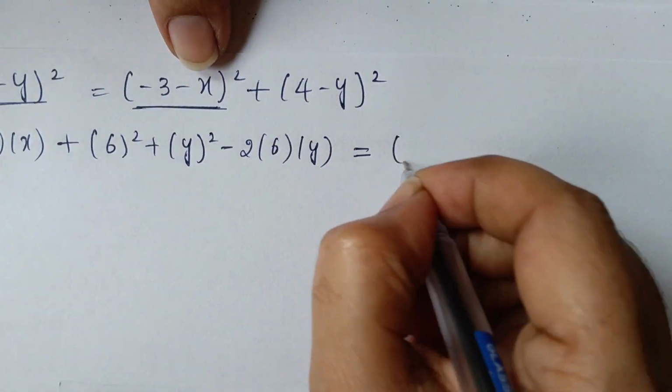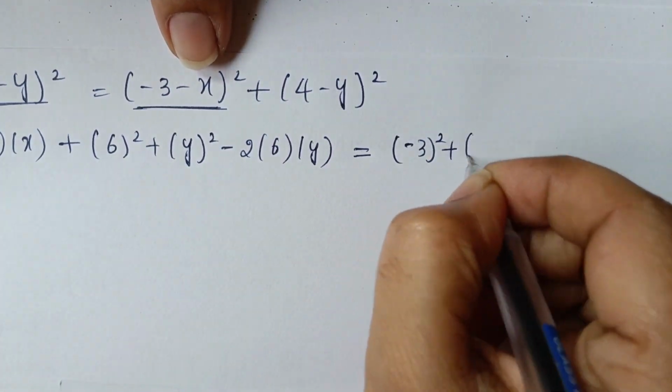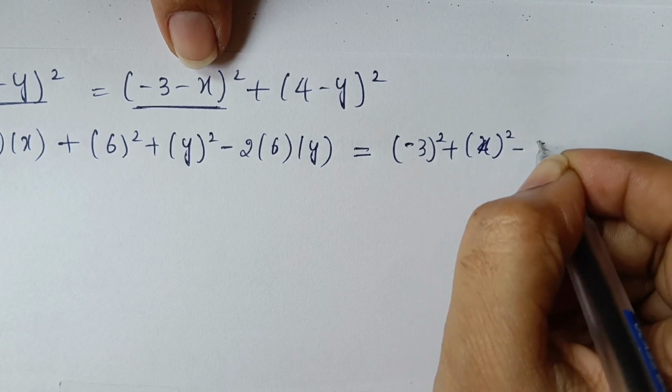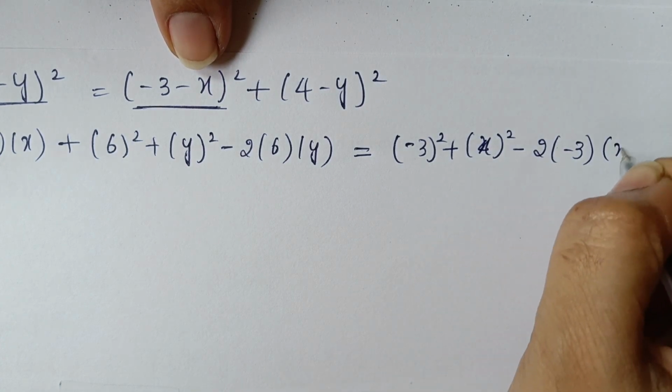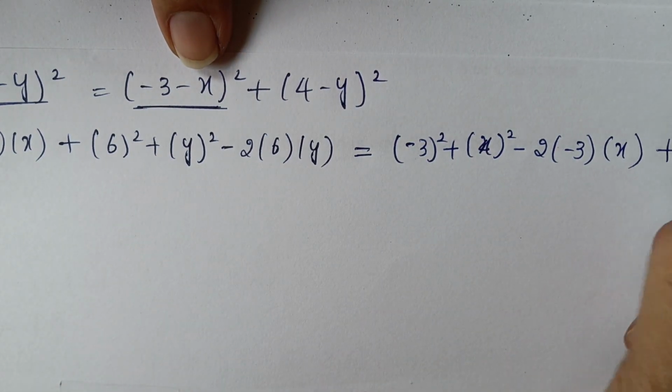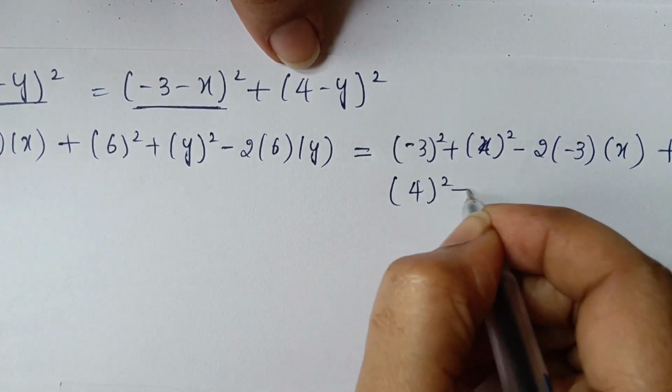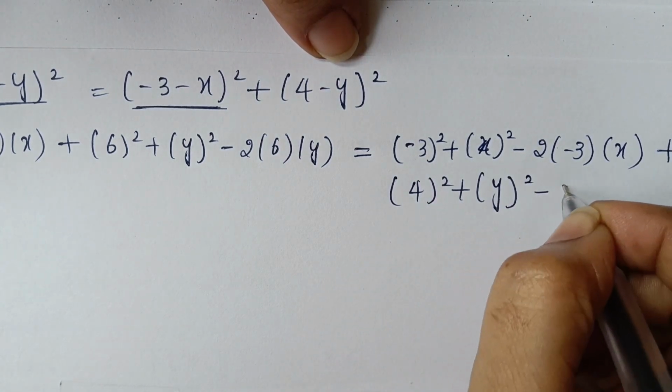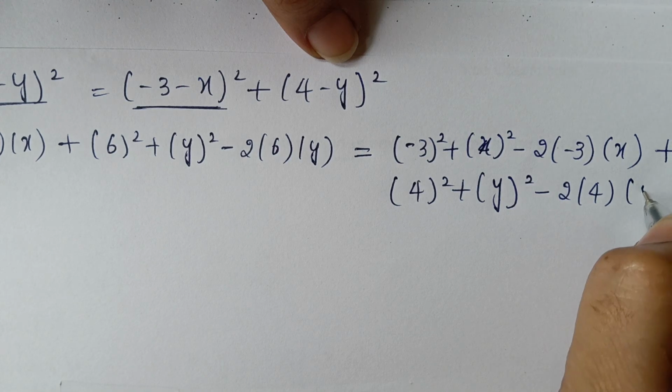a square plus b square minus 2ab, plus a square plus b square minus 2ab.